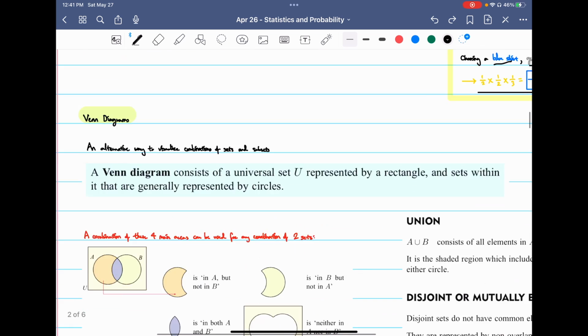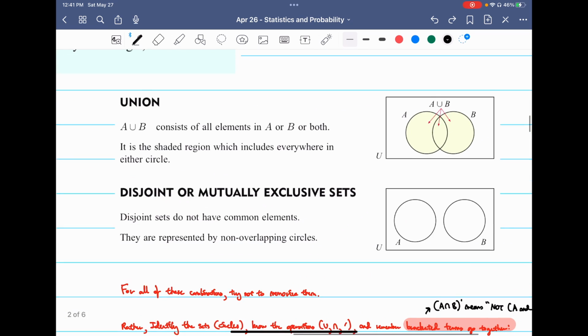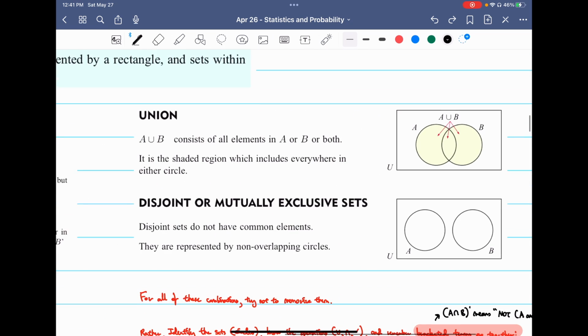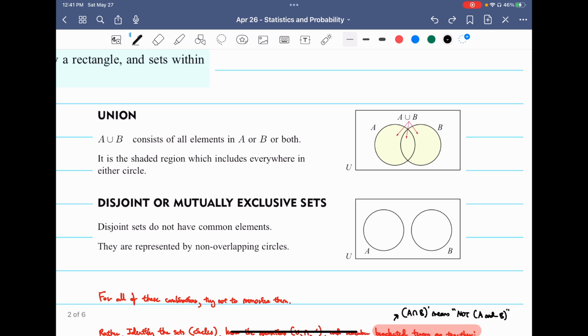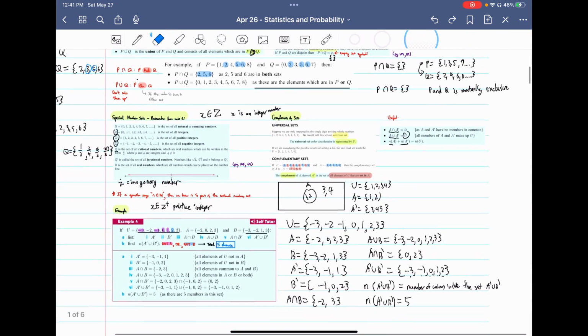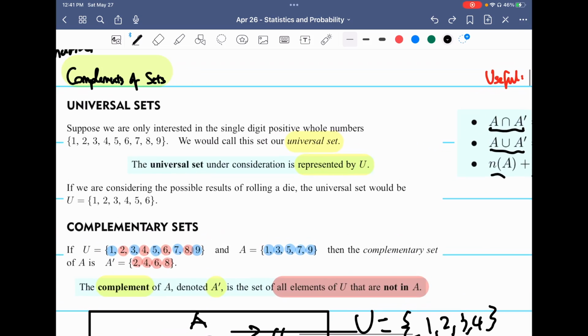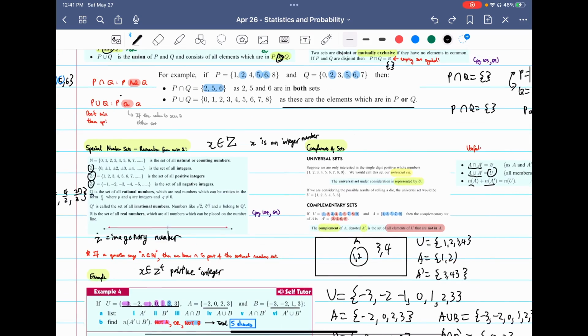So before we move on to learning how to use a Venn diagram, first you have to know the different terms: union, and disjoint or mutually exclusive. And if you noticed, we kind of learned these words earlier.